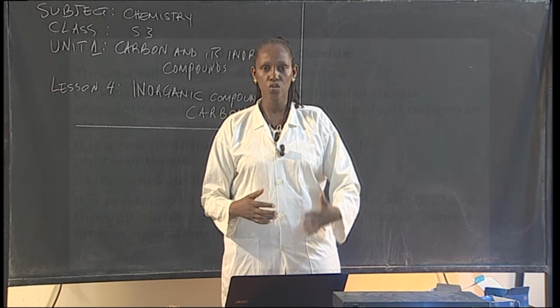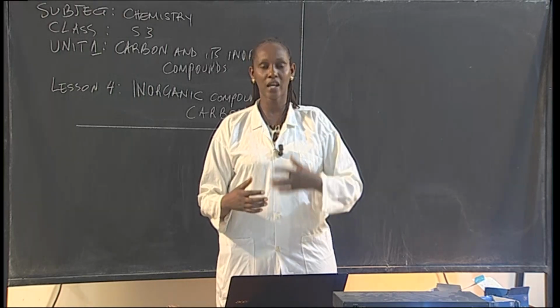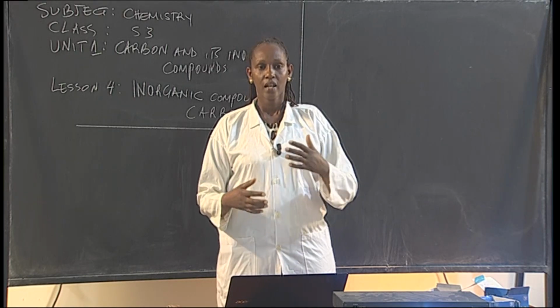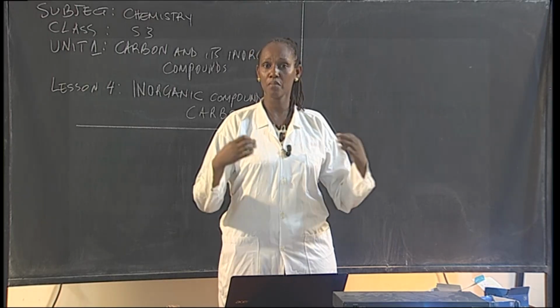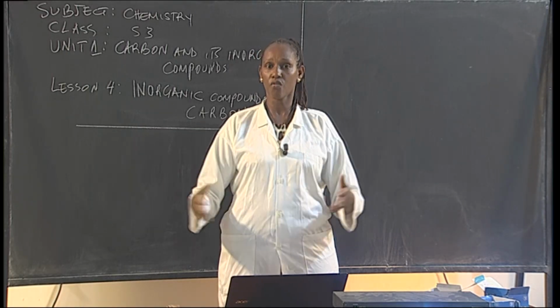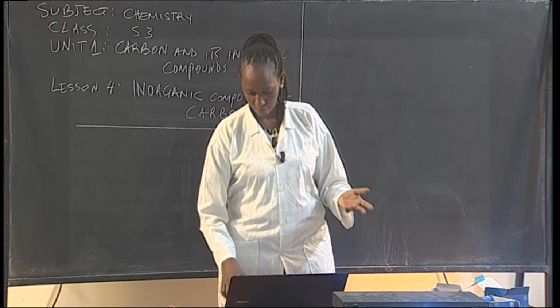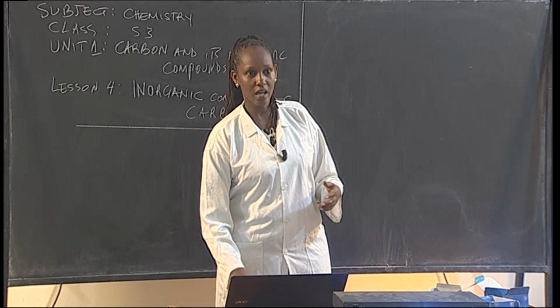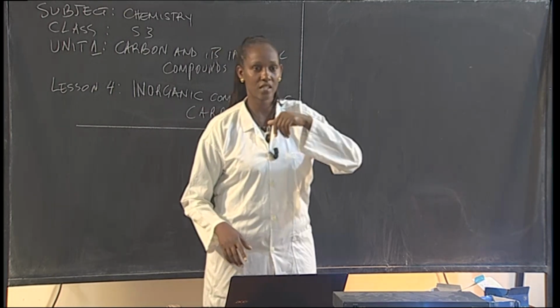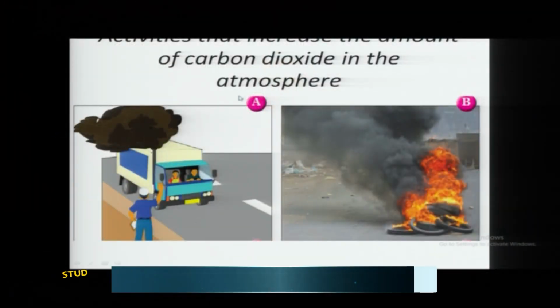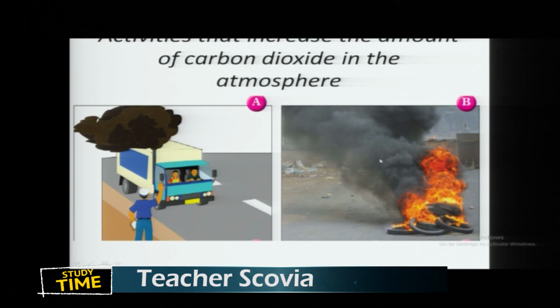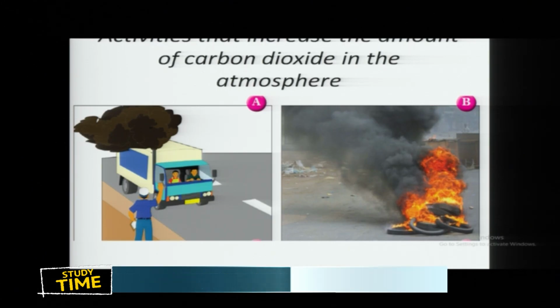It is introduced in large amounts as a result of human activities like motor vehicle emissions and burning of wastes. You can look at some of man's activities that lead to production of carbon dioxide on the slide, please. These are some of the activities of man that produce carbon dioxide.